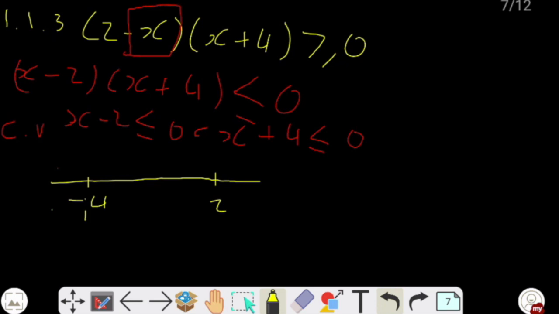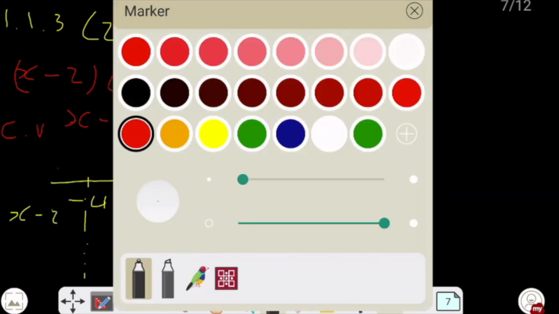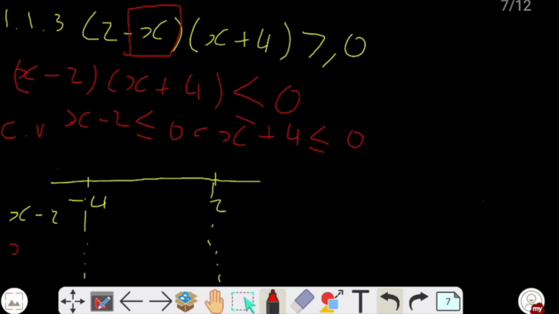Now you need to find the product of your signs, right? Let's write down the x minus 2, and then we have your x plus 4, right? Now let's choose a number.